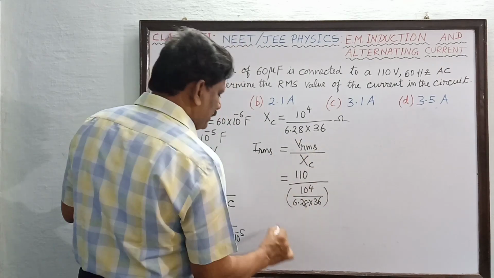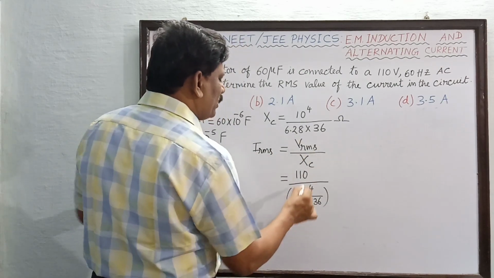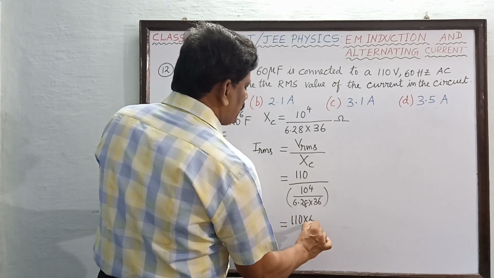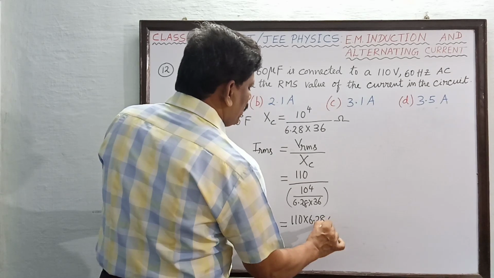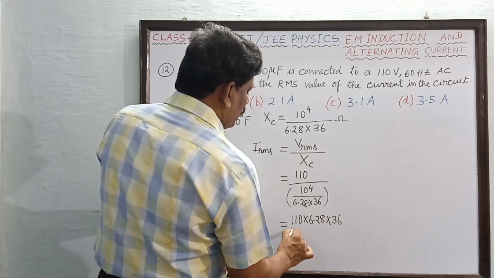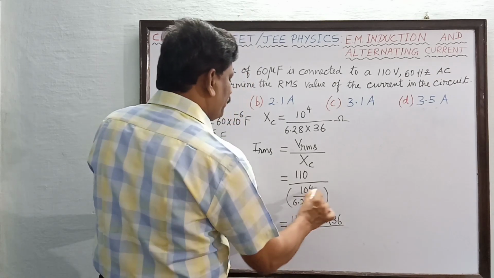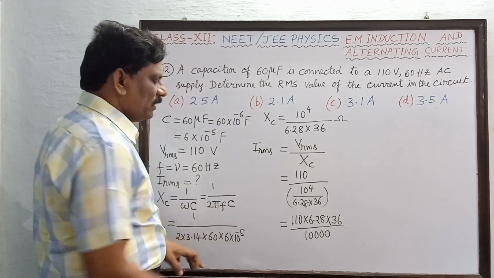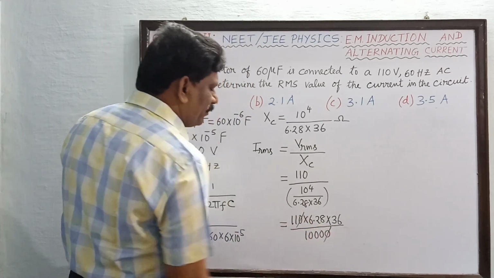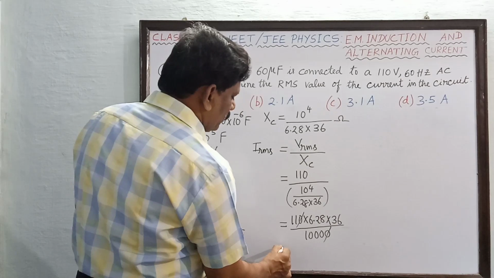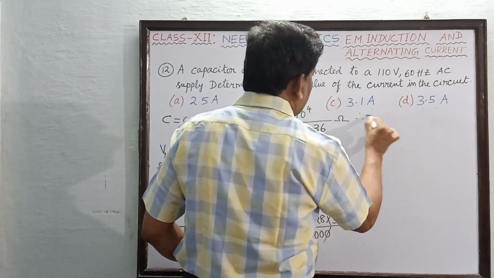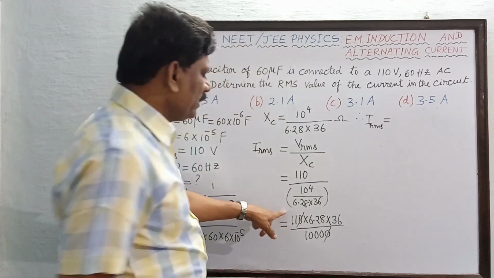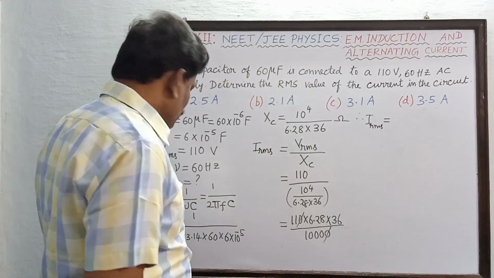So if you readjust the terms, now I RMS will be equal to 110 multiplied by 6.28 into 36, divided by 10 power 4. So this is 10,000. Now this 0 and 0 can be cancelled. Therefore I RMS is now equal to 11 into 6.28 into 36.